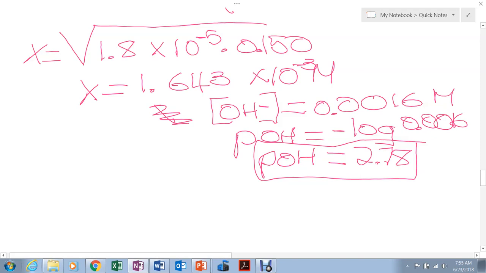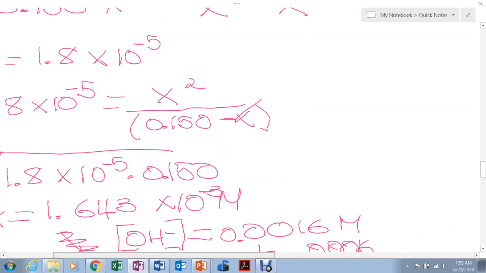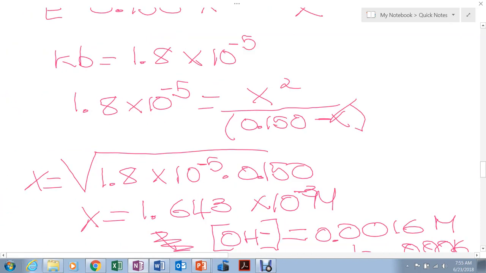So let's find the concentration of H3O. By the way, here I did already the 5% check, to see if I was right in dropping the X. Remember, it's the X divided by 0.150 multiplied by 100.